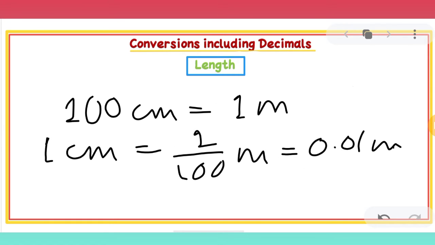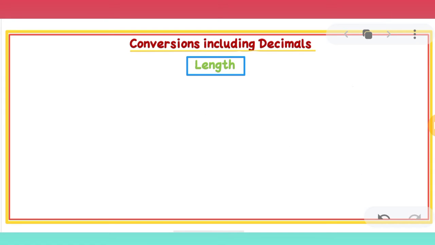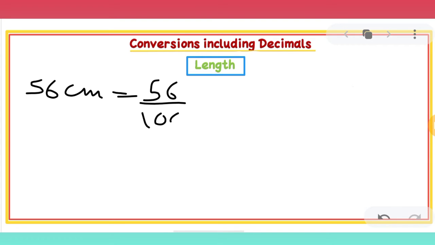So now if you have to convert any smaller unit to bigger unit, we can simply do this type of sums. For example, we have to convert 56 centimeter into meters, so it will be 56 upon 100 meters, that will be 0.56 meter.